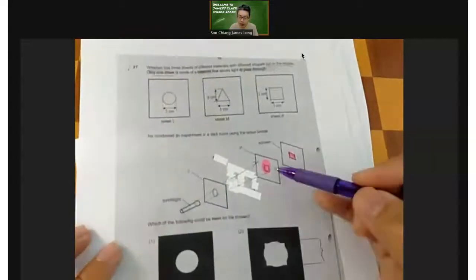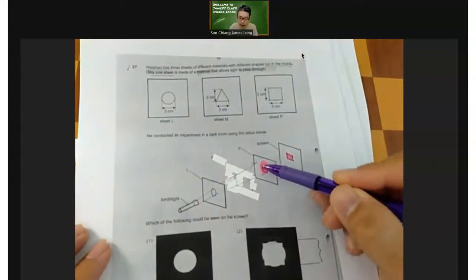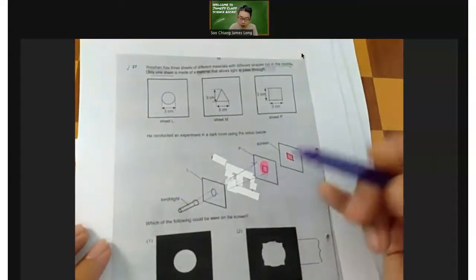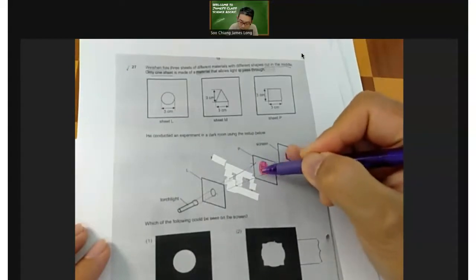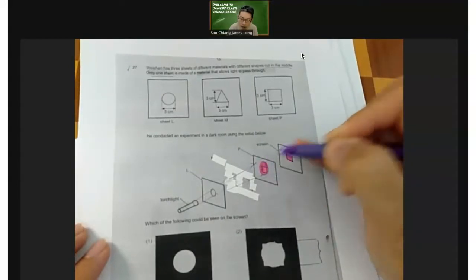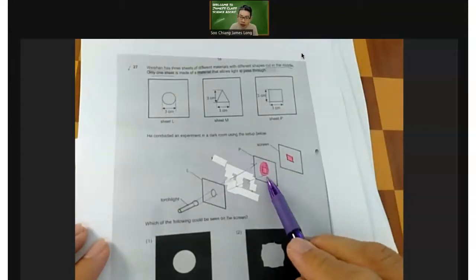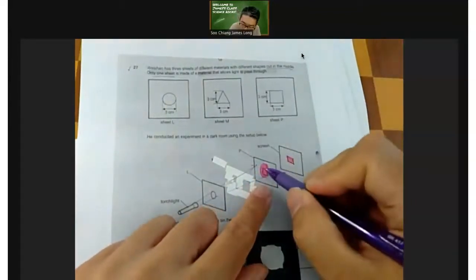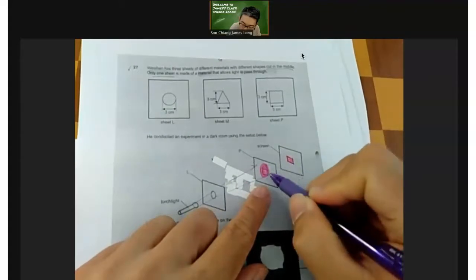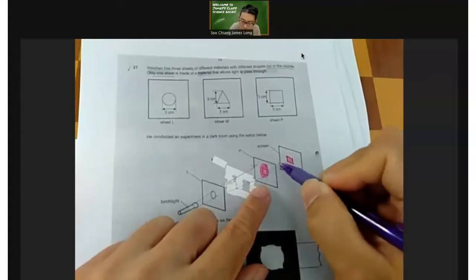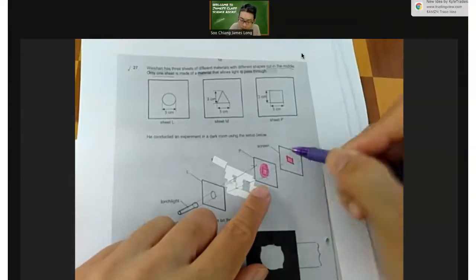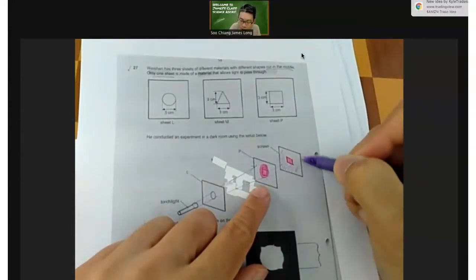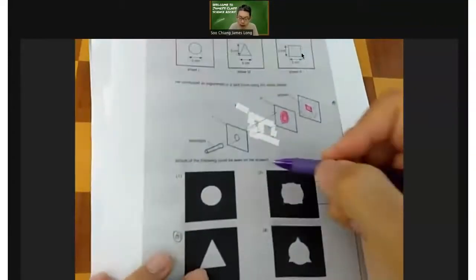I should expect to see a much larger circular light spot that shines on this hole. This part all will block out the light, so only allowing a square spot of light to pass through. All the rest here will just be shadow. Okay, so 2 is out.